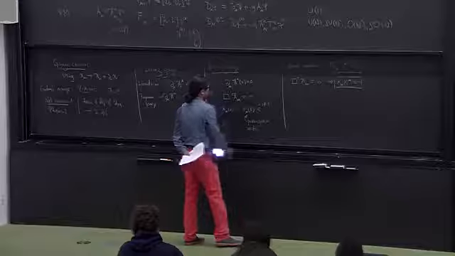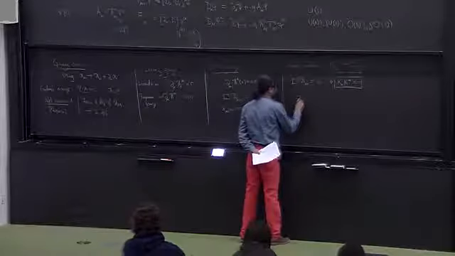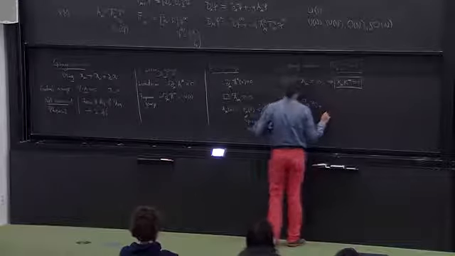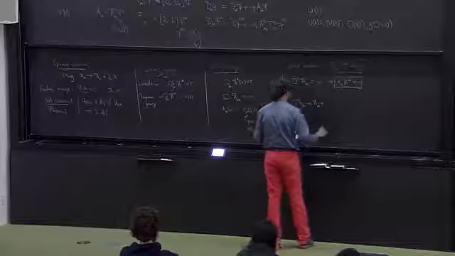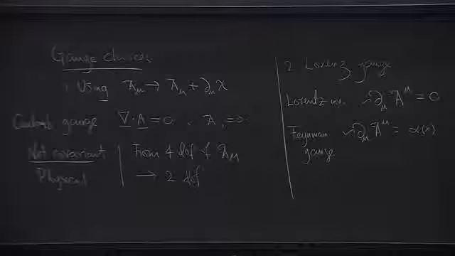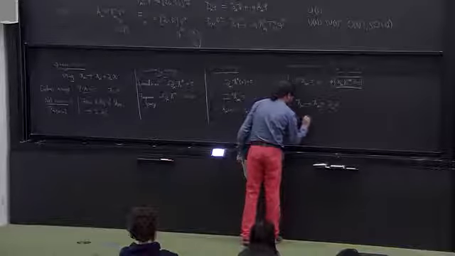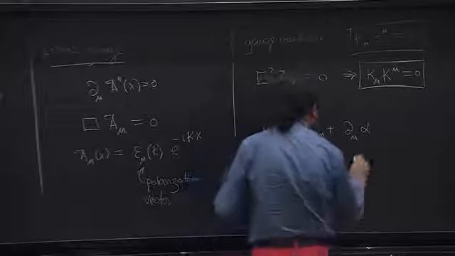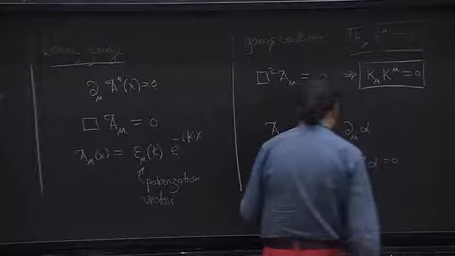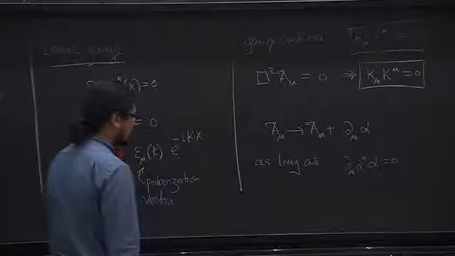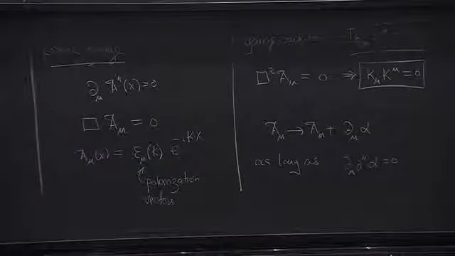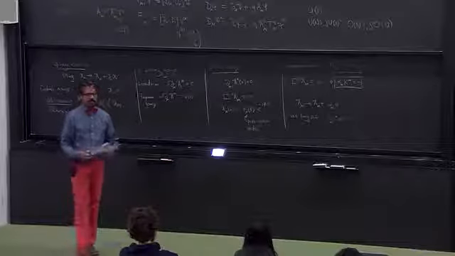In the Lorentz gauge, we can still make another gauge transformation. As long as alpha, this gauge function, satisfies this equation, it does not change the Lorentz gauge. We are not going to another gauge.